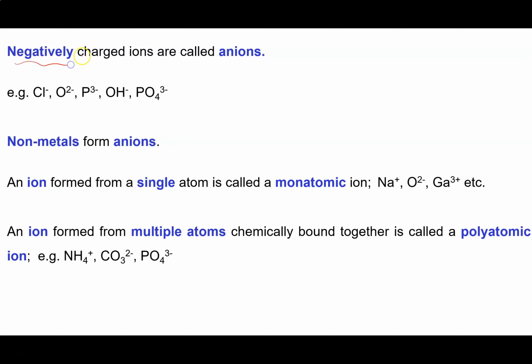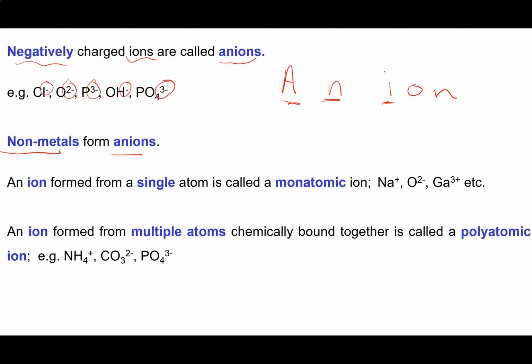Now, negatively charged ions are called anions, and I just remember them because they are a negative ion. So anions, right? A negative ion. It is the nonmetals that form anions. So you see here chlorine is a nonmetal, oxygen is a nonmetal, phosphorus is a nonmetal. And again we indicate the charge in the same way, as a superscript following the species formula.